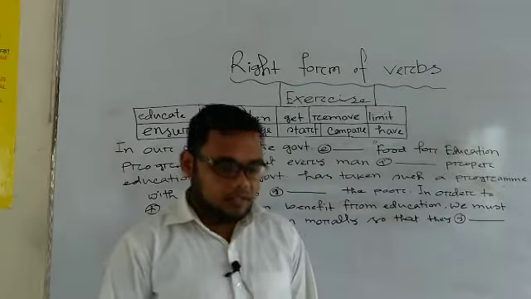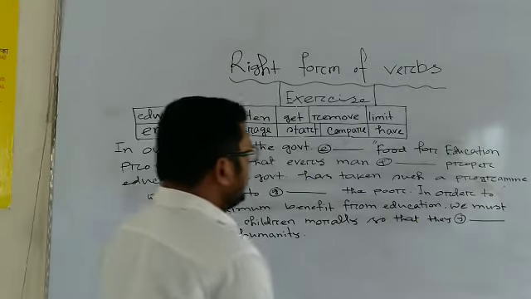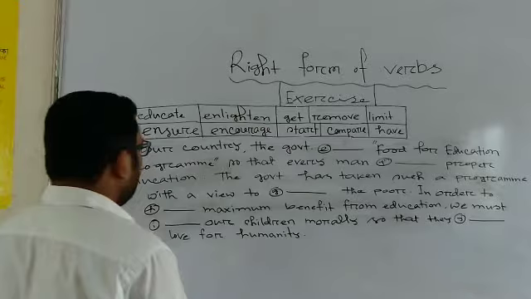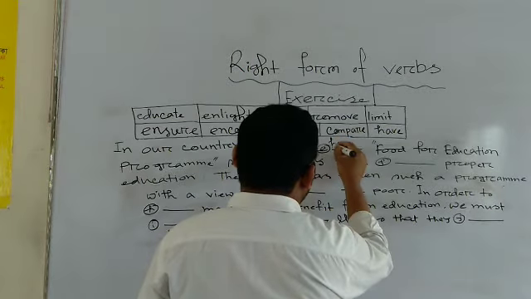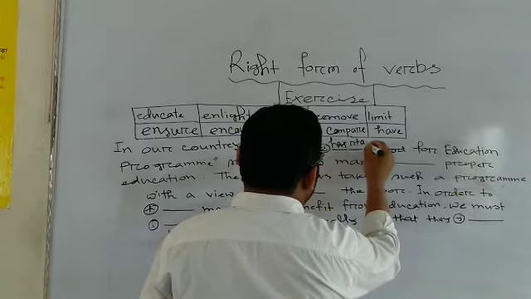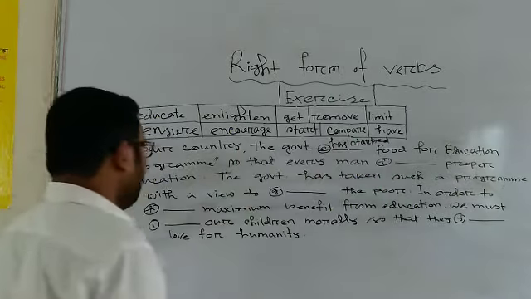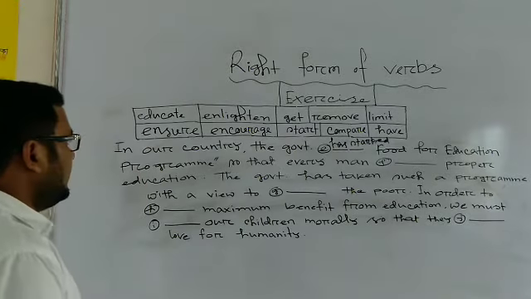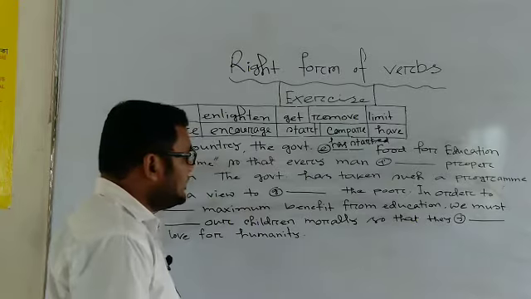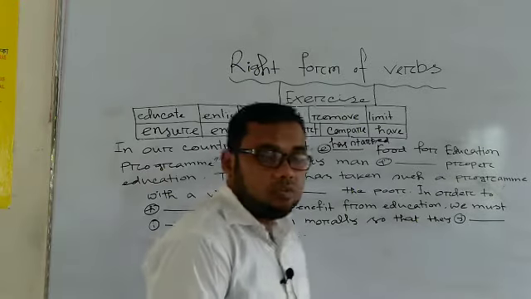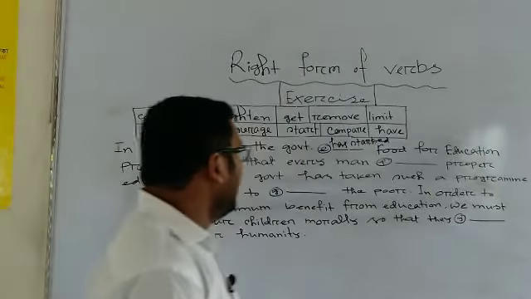Okay, dear students, in our country the government has dash food for education program. So we can write down here, government has started food for education program. In the box it is mentioned start, but we have written here has started. Why? Just according to the structure of present perfect tense.